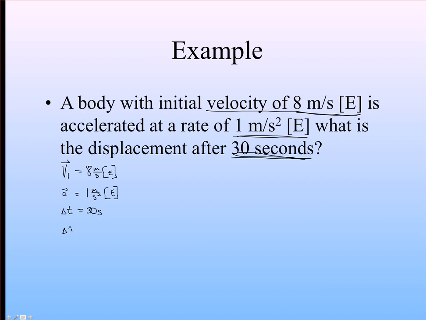Now let's take a look at the equations we've dealt with so far. We have average velocity equaling displacement divided by time. We have average speed equaling distance traveled divided by time. We have acceleration equaling delta v over delta t.